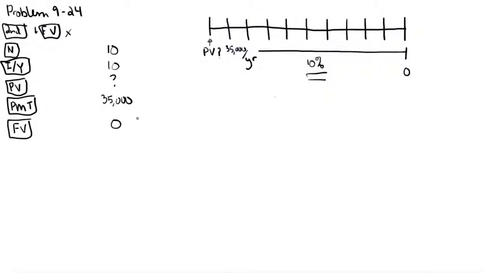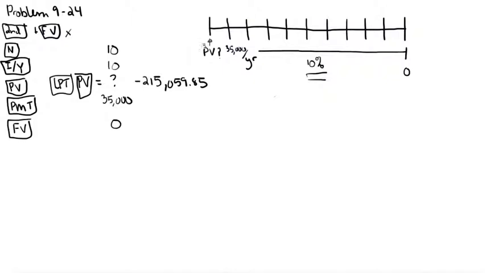So at this point I want to compute present value. Okay, so I'm going to push the compute button and then the present value button, and I get 215,059.85.